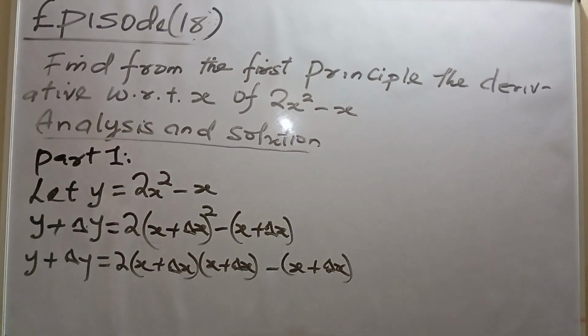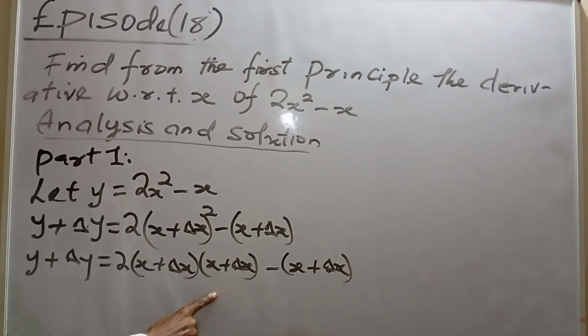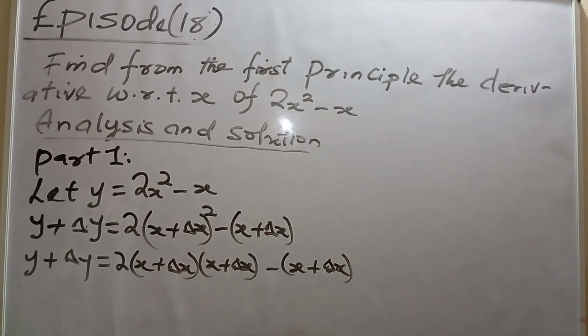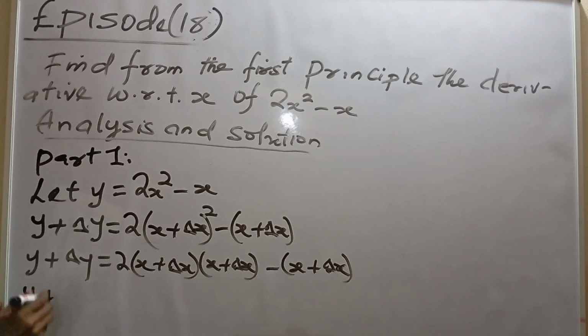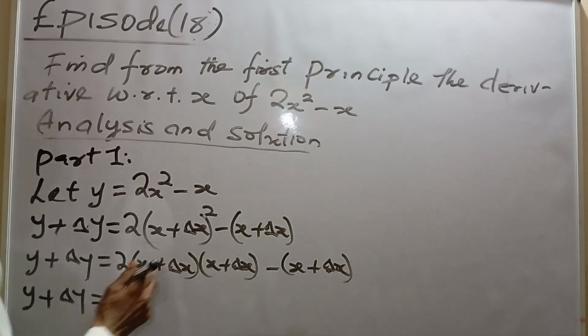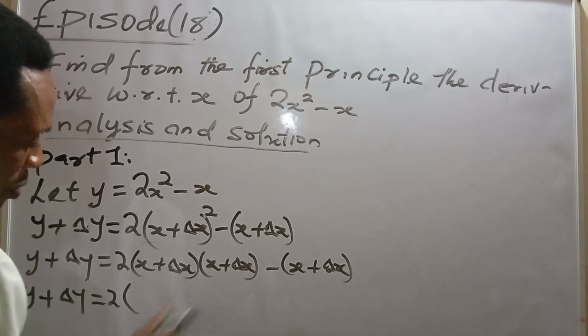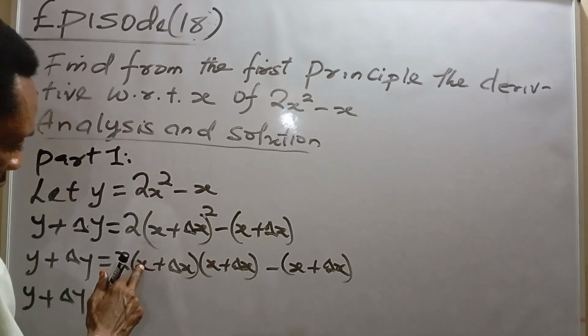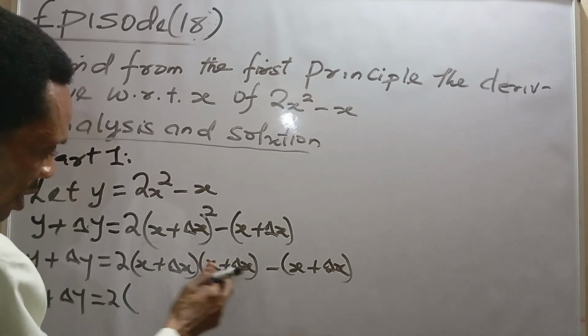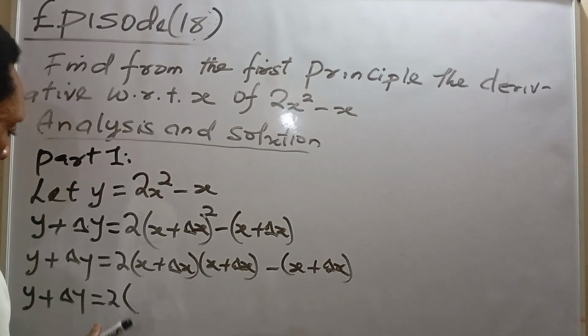You see this can equally be written in this form. This one you have to write it in twos, because it is raised to the power of 2. Expand it. So y plus delta y equals 2, open bracket. Use this to multiply all the terms here. You can say x times this, or use one of the brackets as a factor.